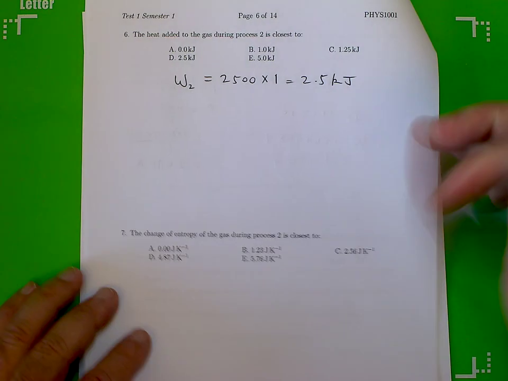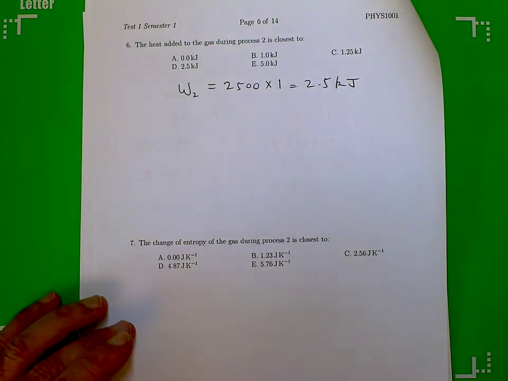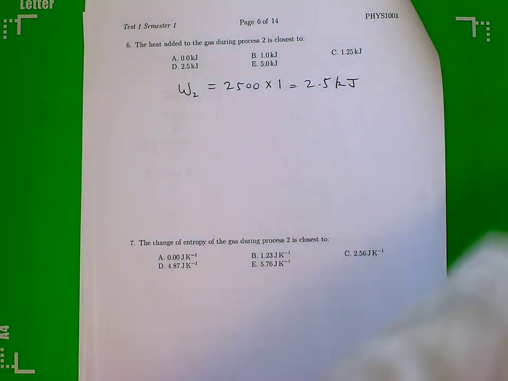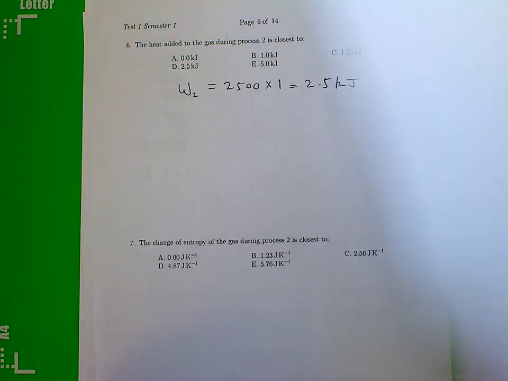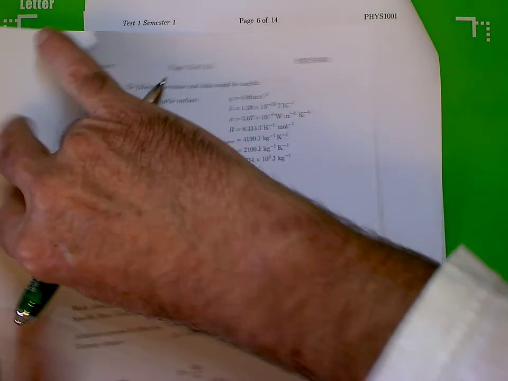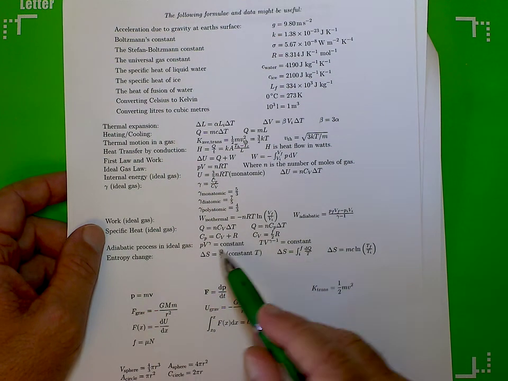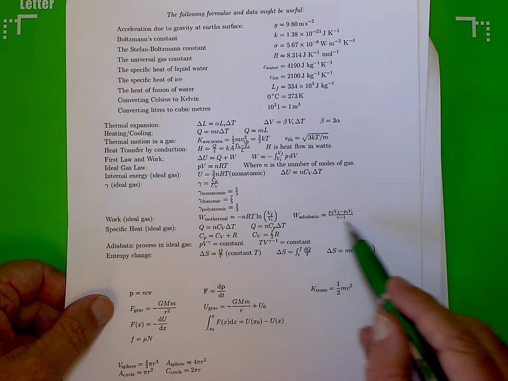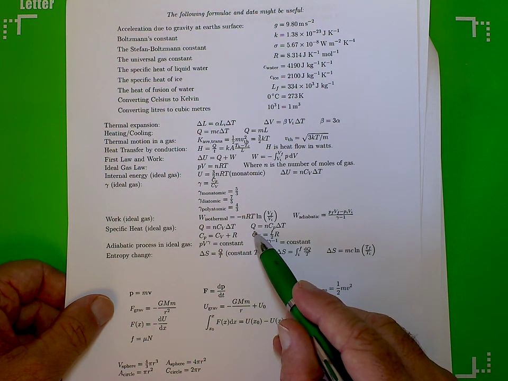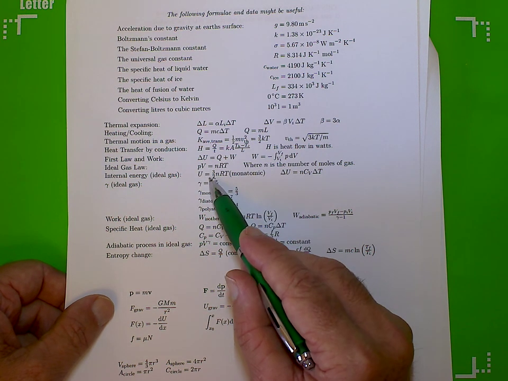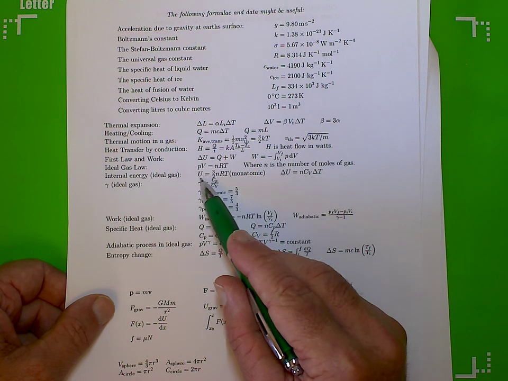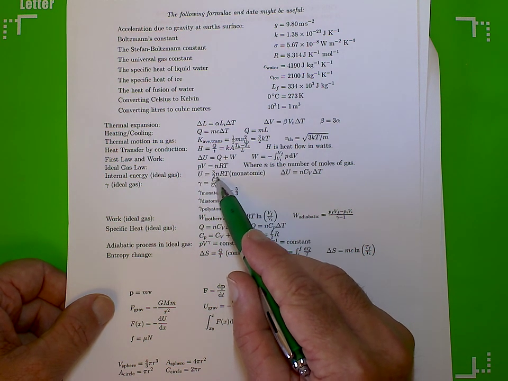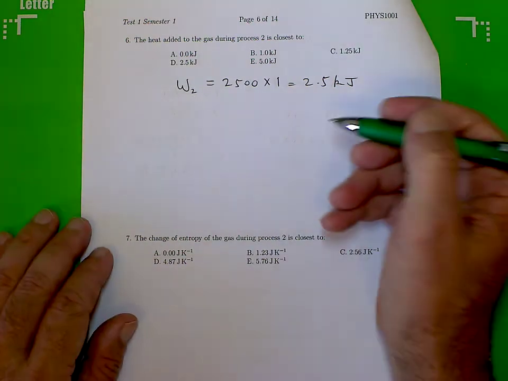So I'm going to look at my formula sheet, because sometimes I need a formula sheet. U, internal energy of a gas, is 3/2 nRT. Okay, good. That's what I need to know.